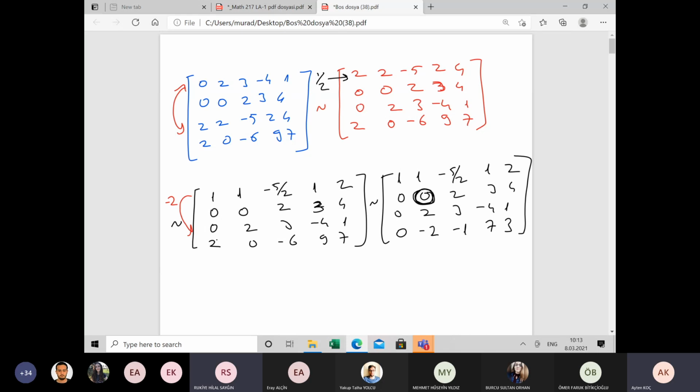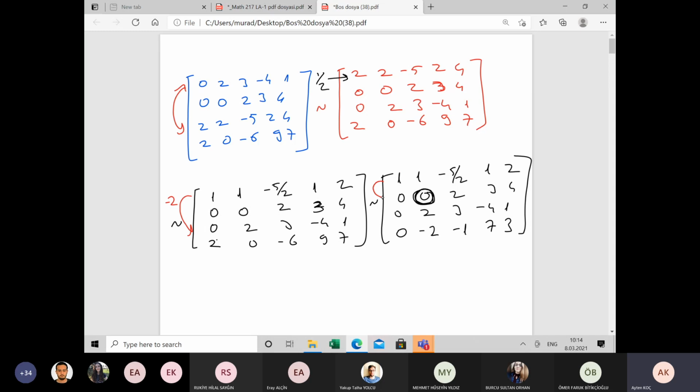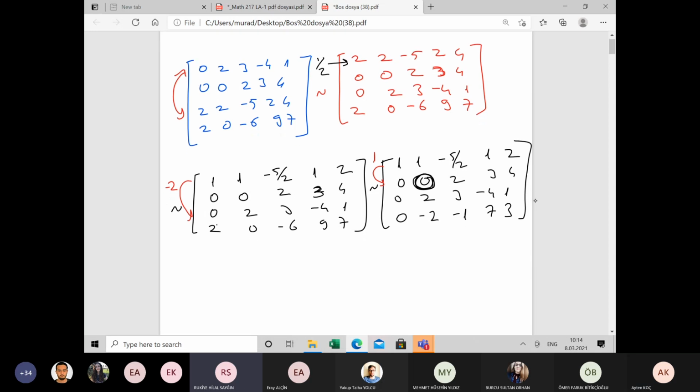So add the first row to the second row and write into the second row. Your operation: take the first row, multiply by 1 and add to the second row. But then the second row, first column would be 1.